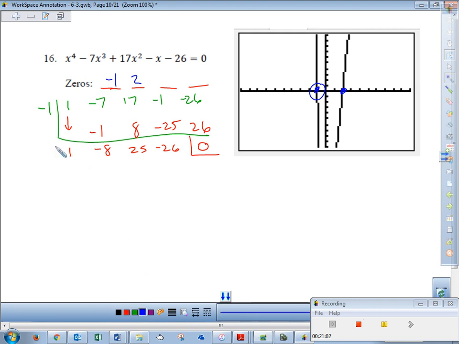You've got to synthetically divide again by the other root. You don't change the sign on these roots. You do on what we did before, because those weren't roots, they were polynomials. You had to find the root. So that would be 2, -6, -12, 13, 26, 0.